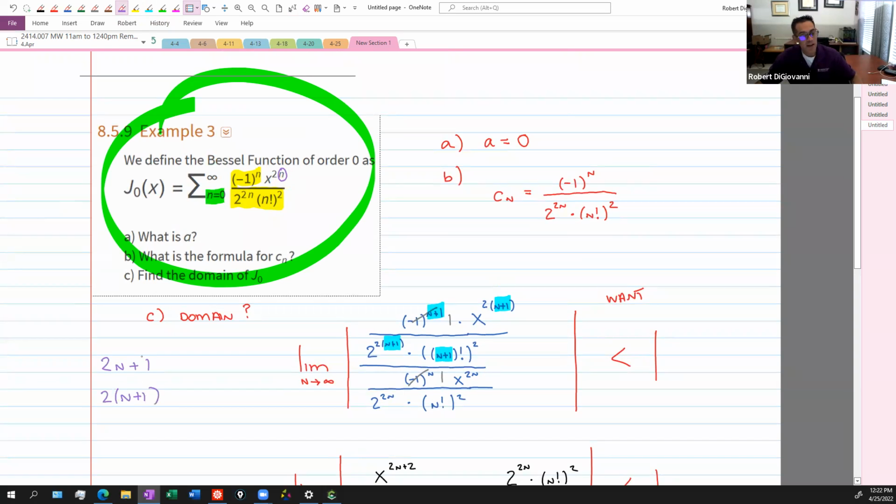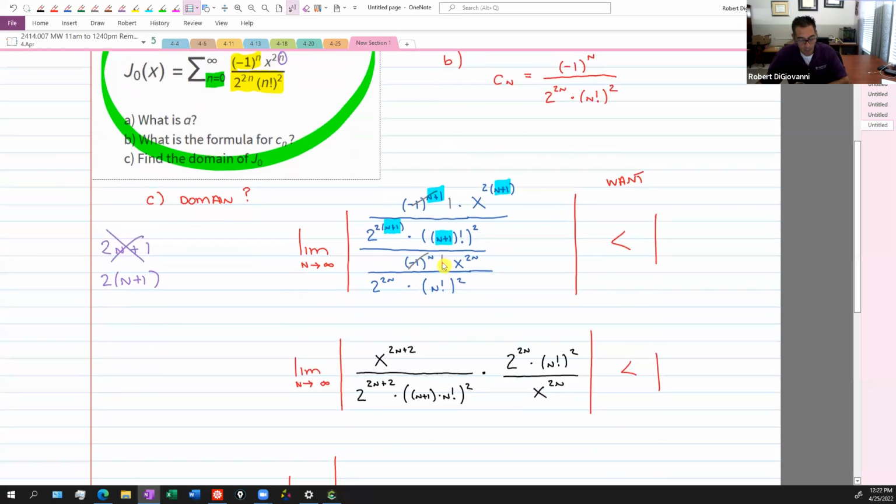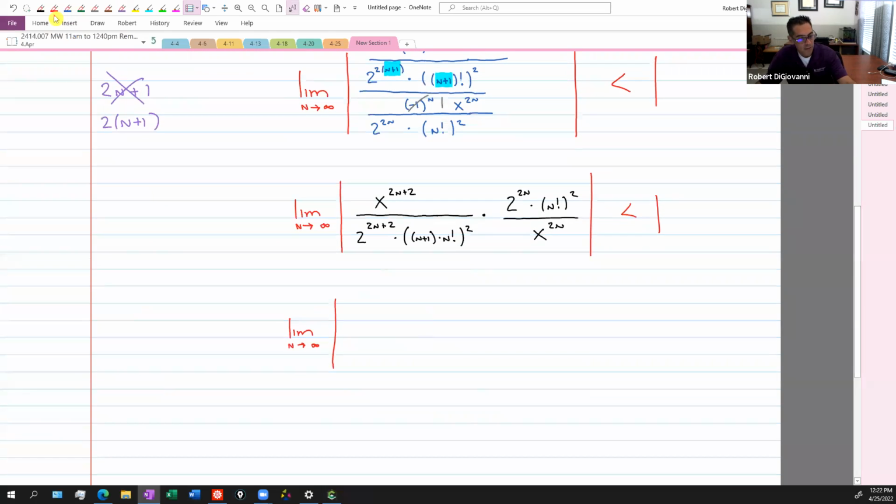Those are not the same thing. This top one is wrong because all you're doing is adding 1 to this. You're supposed to replace the n with n plus 1. That make sense, Ricardo? Yeah, I was adding it, I wasn't replacing it. Got it. So if there's a number in front being multiplied, it's going to have to distribute through. Okay, thank you for asking.